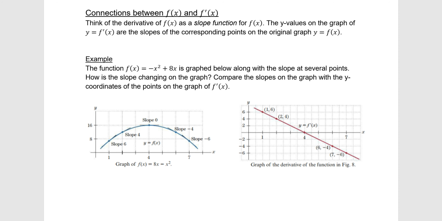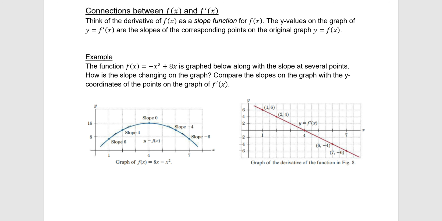Okay, so now for the connection between f of x and the derivative f prime of x. And we should be thinking of f prime as the slope function for f of x. So what that means is that the y values for f prime of x are the slopes of the corresponding points for f of x.